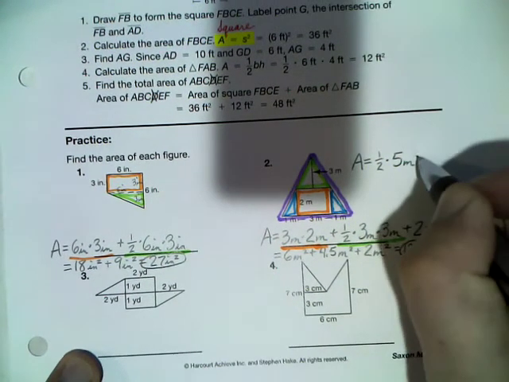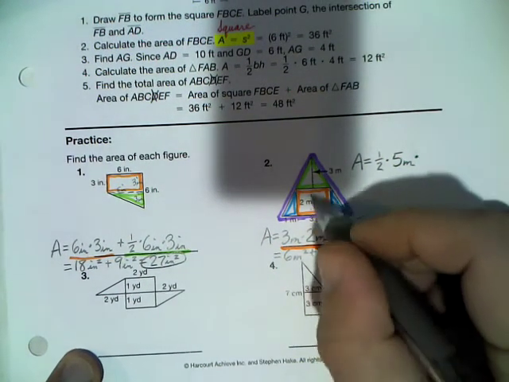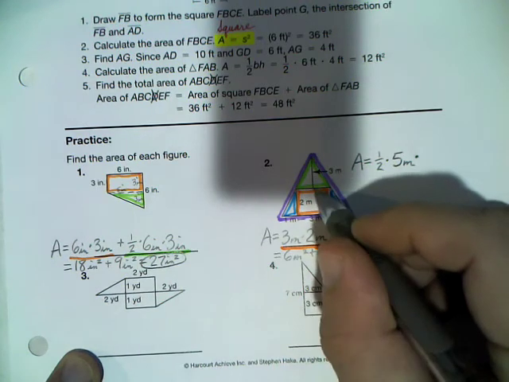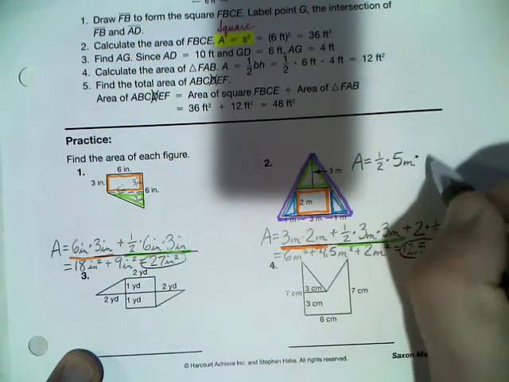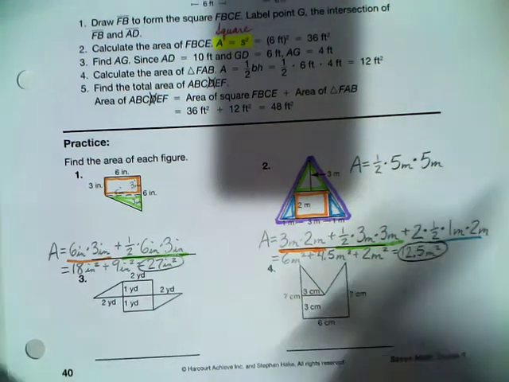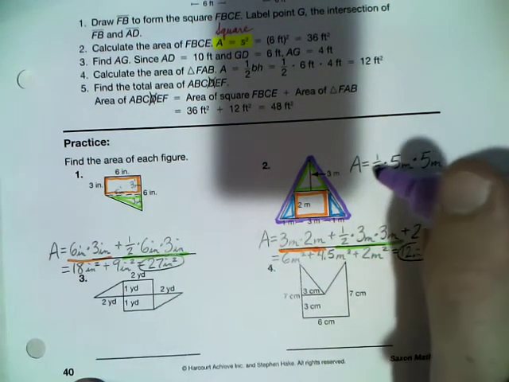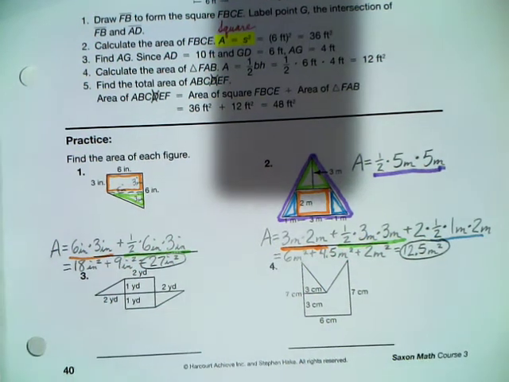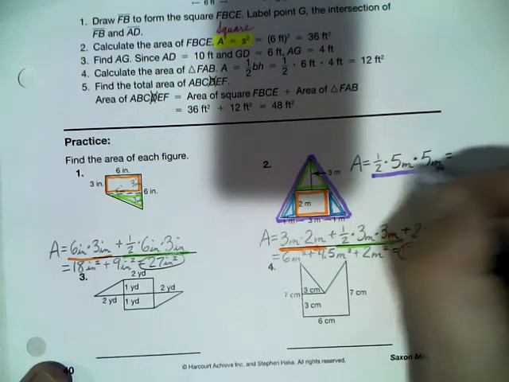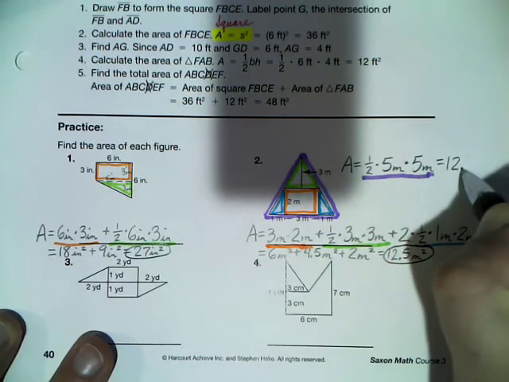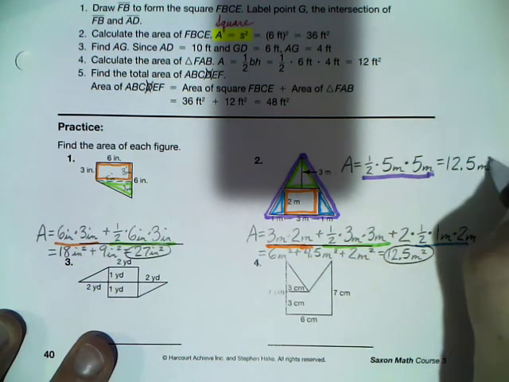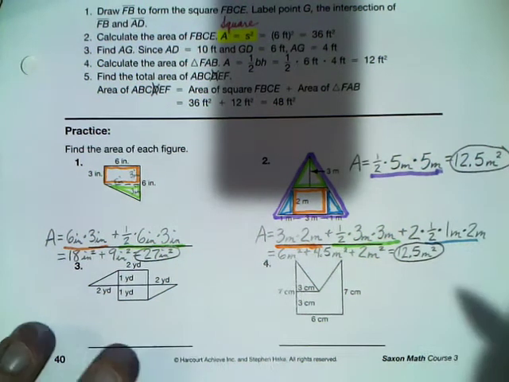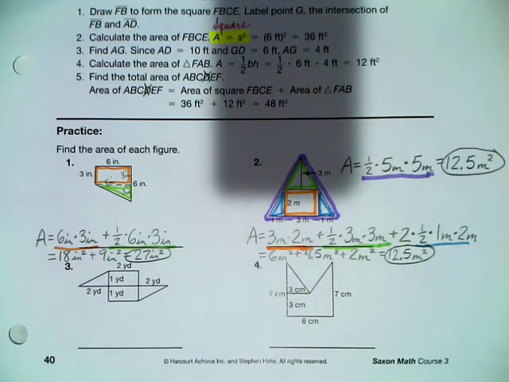And then for the height, well, you're going up 2 meters because of the rectangle, and then another 3, so 2 plus 3 is another 5 meters. And so that would have been actually the whole thing all together. Well, 5 times 5 is 25, and then if we cut that in half, hey, look at that. Again, we got 12.5 square meters. So there were actually 2 ways to do this one.